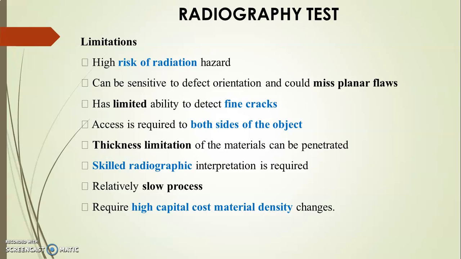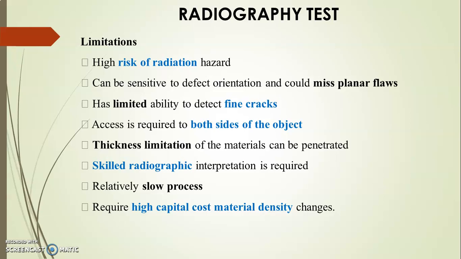It has a limited ability to detect fine cracks. If the cracks are very fine, then it has limited ability. Then access is required to both sides of the objects. The thickness of material that can be penetrated is also a limitation.